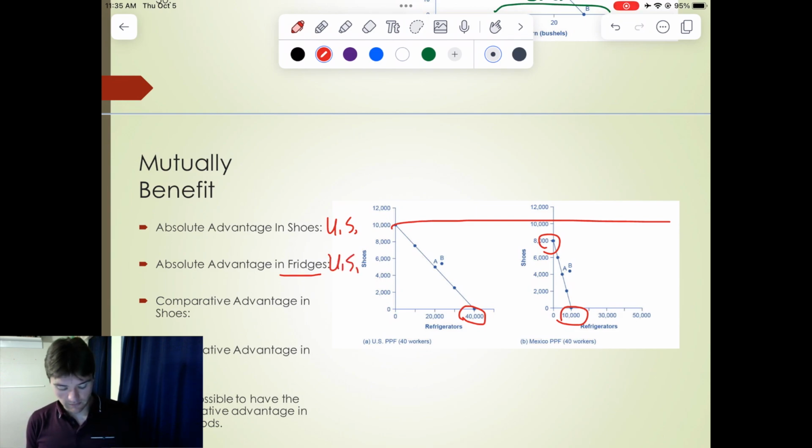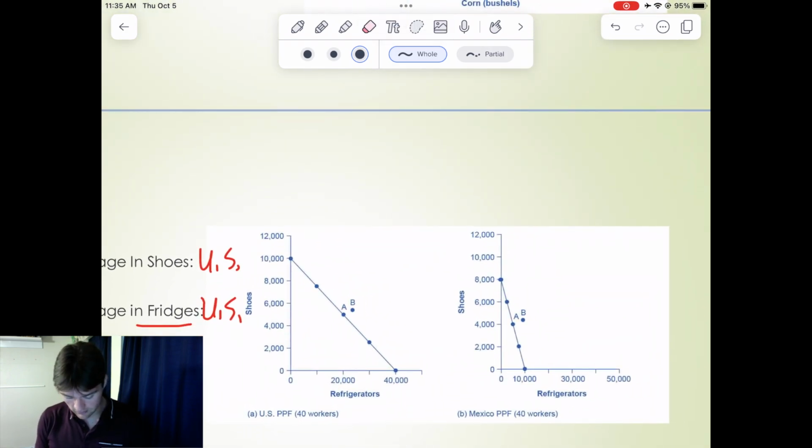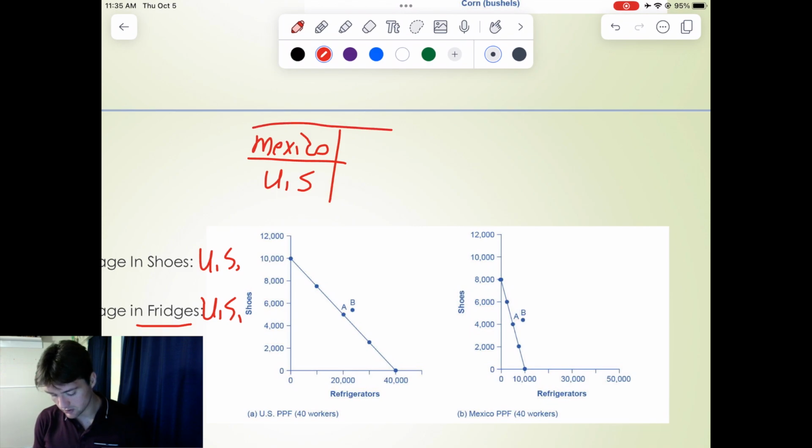The next thing would be finding the comparative advantage. To find the comparative advantage, we're going to need to set up our chart here. So we would need Mexico, the US. I always put my countries on the left, always. And then we have shoes, and we have fridges.